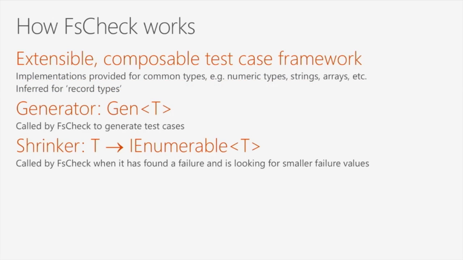To do this, it relies on 2 bits of infrastructure, generators and shrinkers. It implements generators and shrinkers for a whole bunch of built-in types, so the common types like numeric types or strings or whatever, but also for arrays and lists and other common things. It infers generators for what it calls record types, which I'll discuss what those are in a moment.